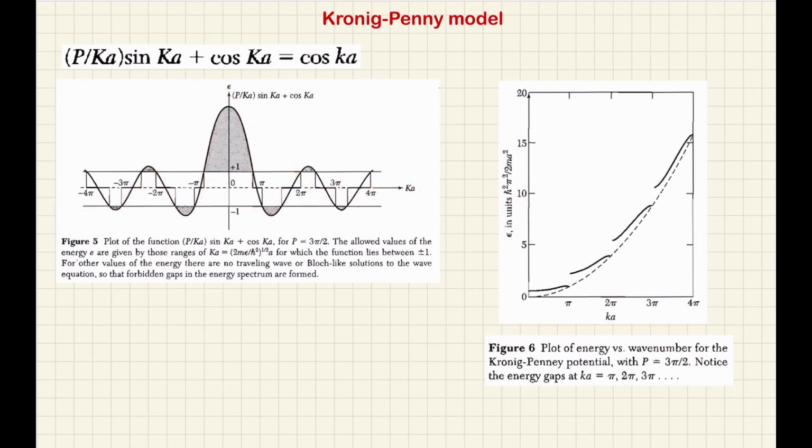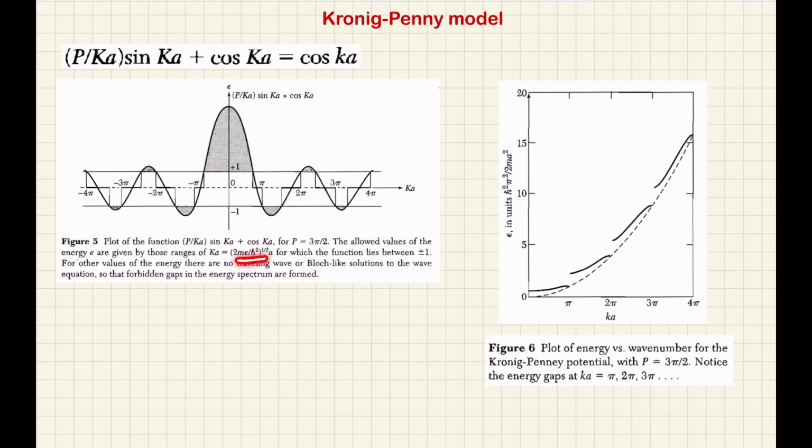Okay. And here the allowed values of k are limited by the energy. Energy has an expression which provides a limit on the value of k. So k can take values up to (2mE by h cross square) raised to half times a.